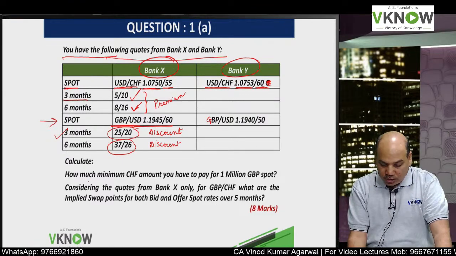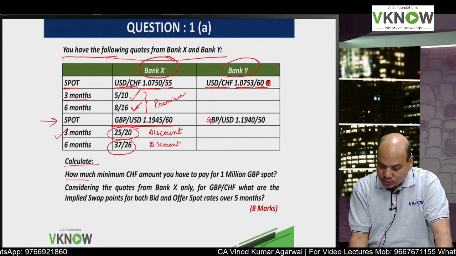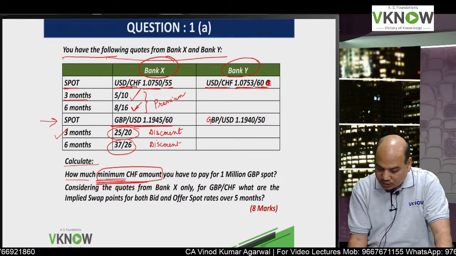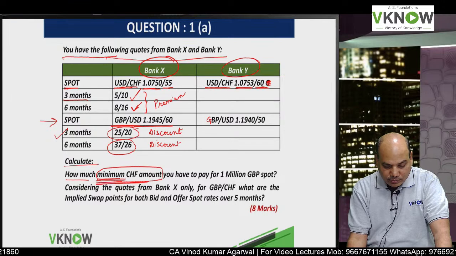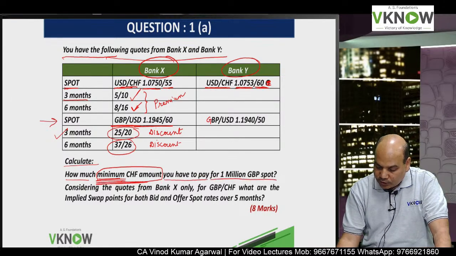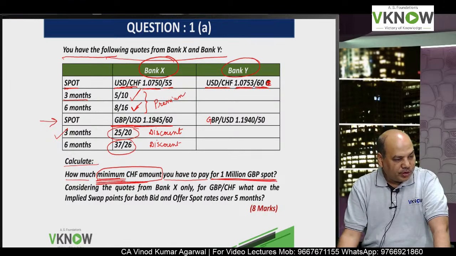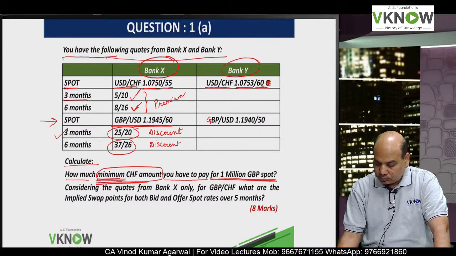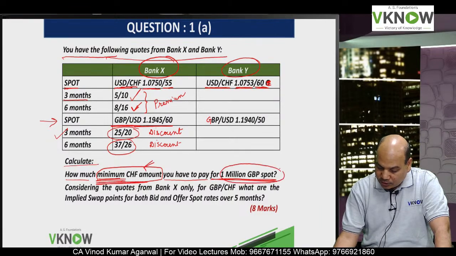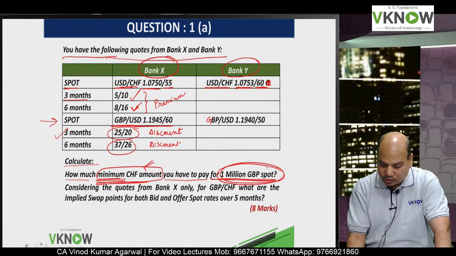Now the question is calculate how much minimum CHF amount. Please double underline this word minimum. Minimum CHF amount you have to pay for 1 million GBP spot.